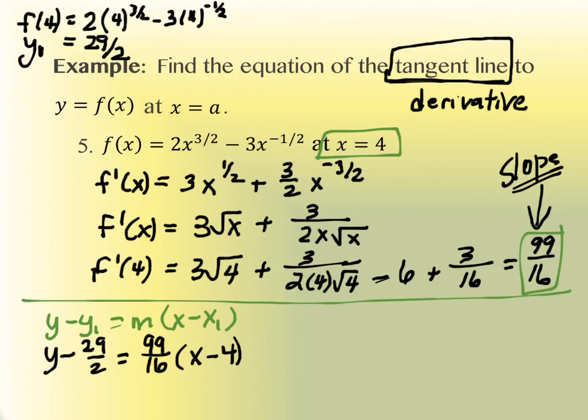Your book does not indicate that you have to do that, so if you were to leave it like this, the way they ask the question, I would count it correct. I will tell you that when I ask the question on the test, I'd like for you to represent it in the standard slope-intercept form. So I'm going to want to see that you can do the algebra to simplify this.